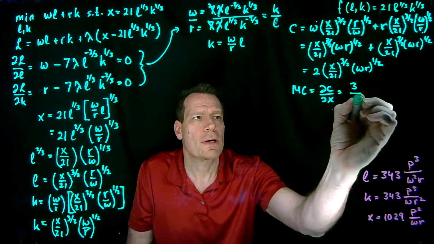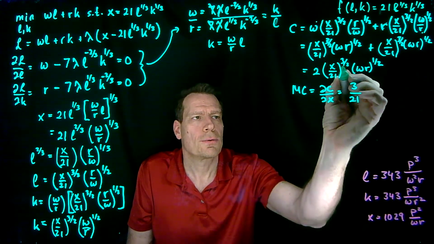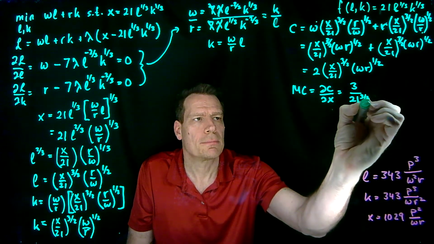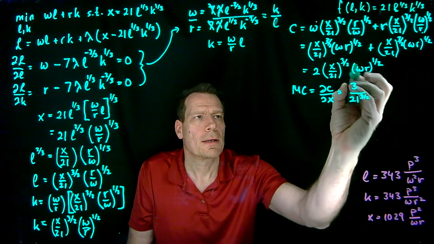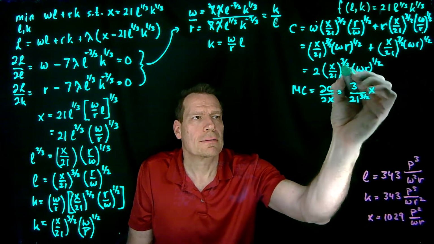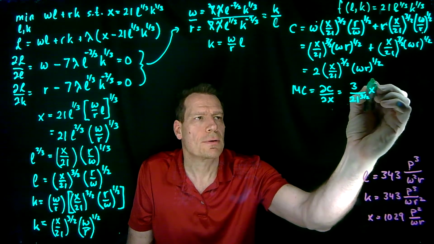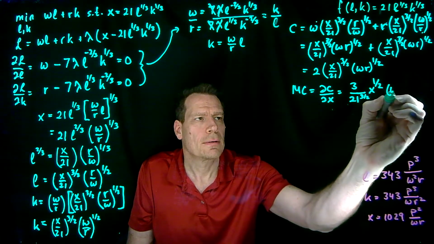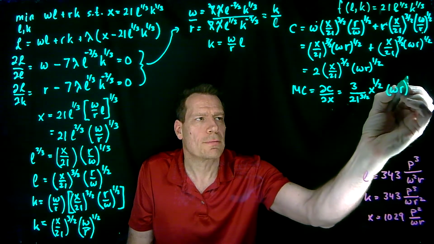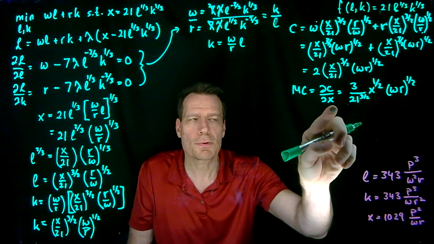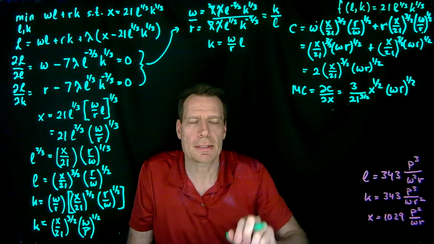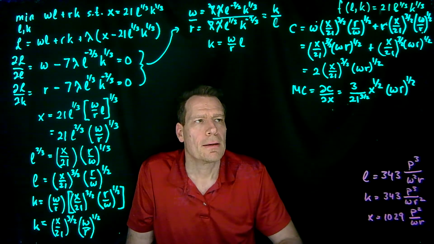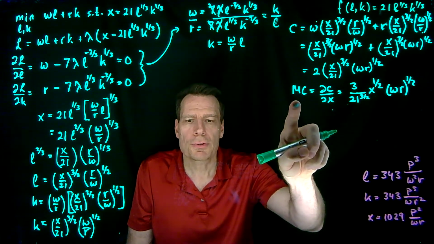We have that 21 to the 3/2 on the bottom, times x, subtract 1 from the exponent, so x to the 1/2, times WR to the 1/2. So we're differentiating with respect to x, so everything else remains the same. So now we have a marginal cost curve.